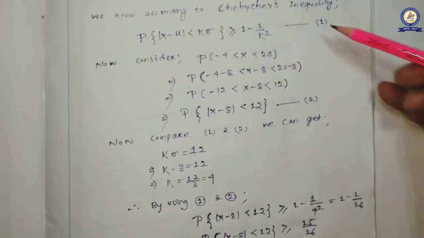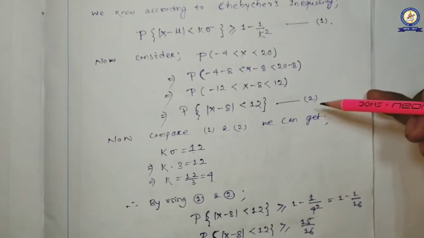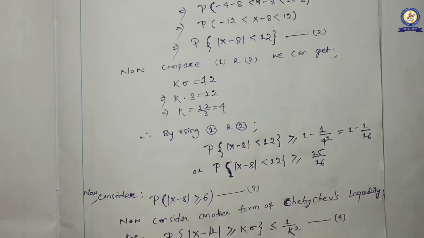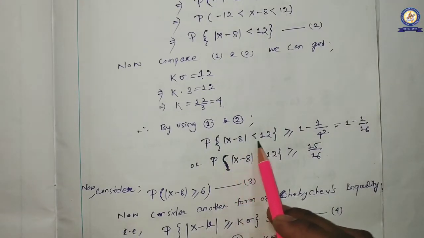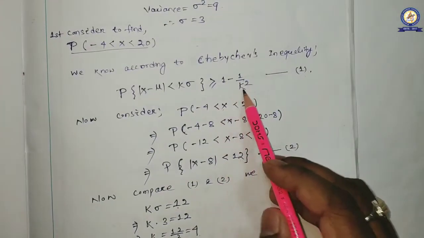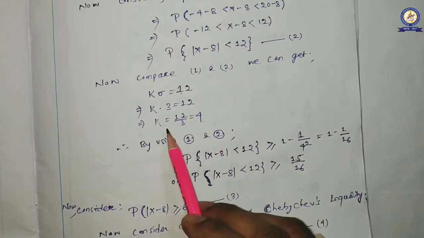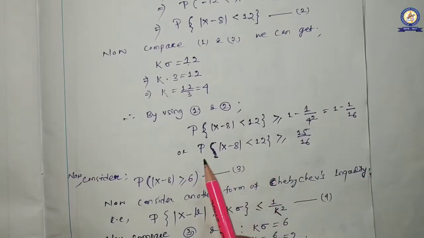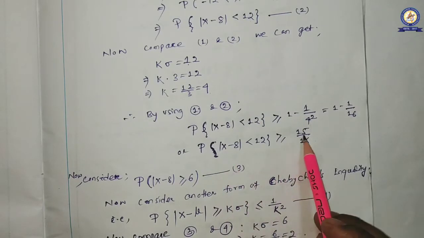Now using equation number 1 and 2, the probability of |X minus 8| less than 12 will be greater than or equal to 1 minus 1 by k square. We found k is 4, so it will be 1 minus 1 by 16. So this probability will be greater than or equal to 15 by 16.